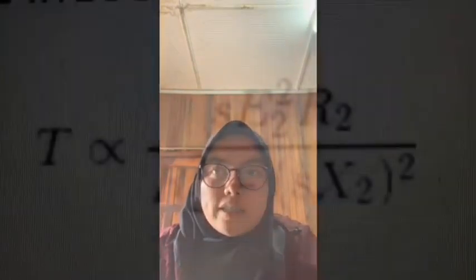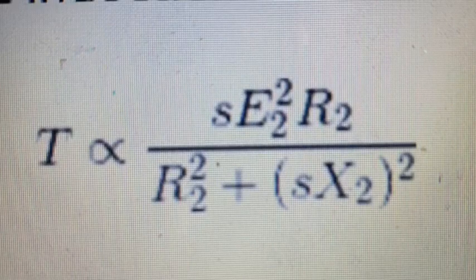These are further classified as: first, by adding external resistance on the rotor side. In this method of speed control of a 3-phase induction motor, external resistance is added on the rotor side. The equation of the torque of a 3-phase induction motor is... The 3-phase induction motor rotates in the slow slip region.